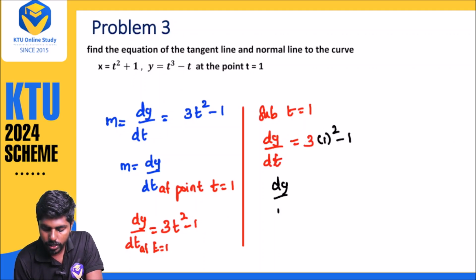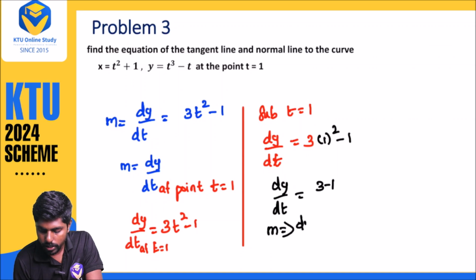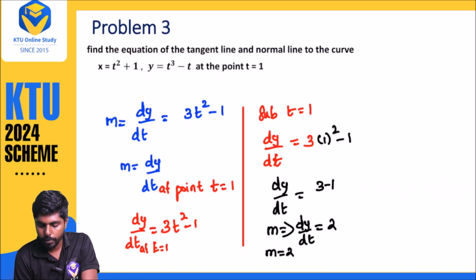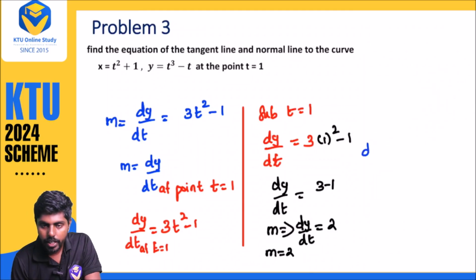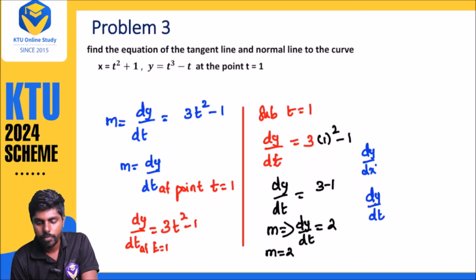So dy by dt is equal to 2, and from here m equal to 2. So we have identified m. Usually we write dy by dx, but here they have given the point t is equal to 1, so we found dy by dt, and that is nothing but our slope.